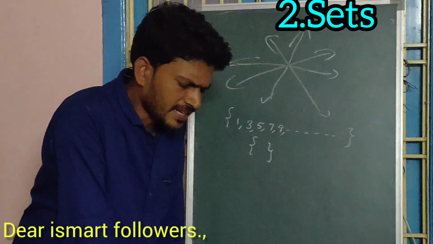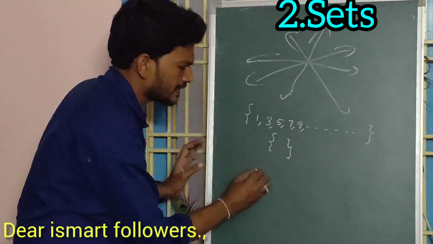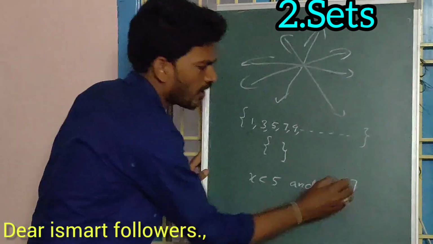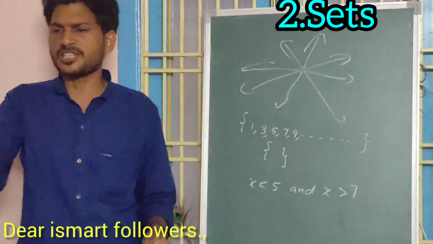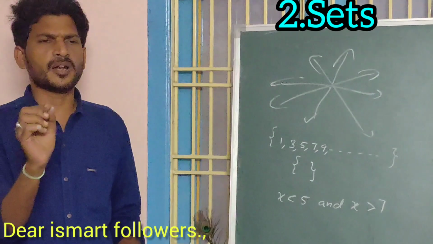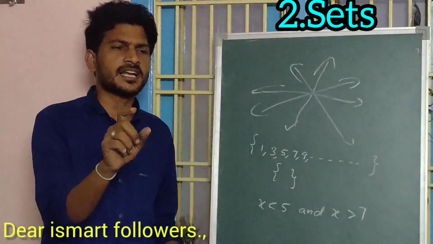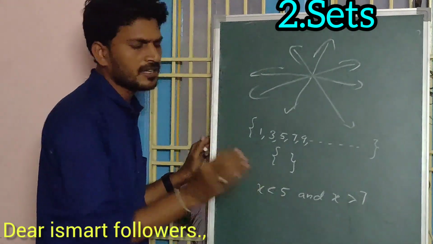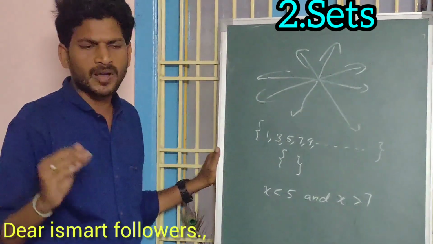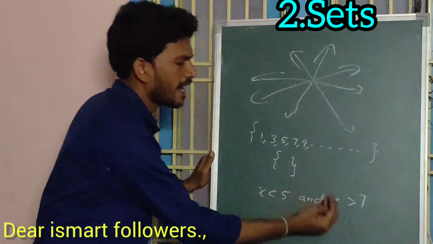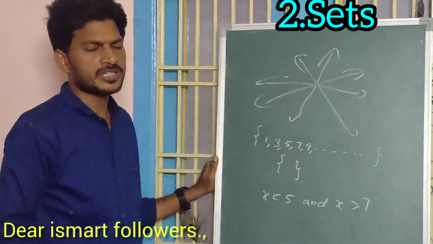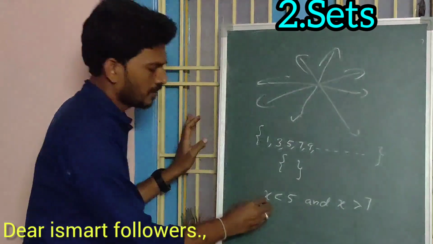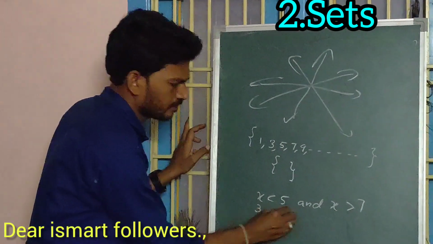Next, third one: x is a natural number, x less than 5 and x greater than 5. What does this mean? Take any one natural number. Suppose I take 3. Is 3 less than 5?